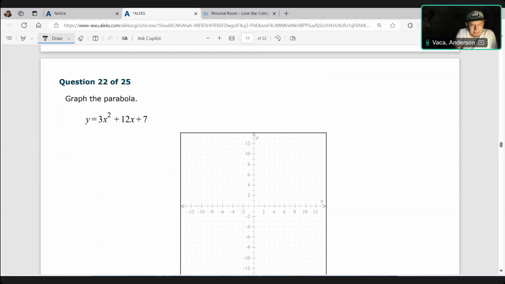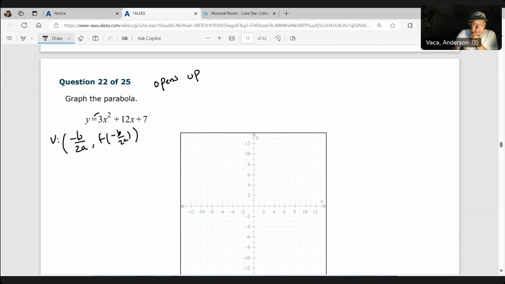Let's see. I wonder, 3 times 7 is 21. And then that's as good as it's going to get there. So we're just going to have to find the vertex. Negative b over 2a, f of negative b over 2a. Before I do that, it opens up, because the leading coefficient is positive.